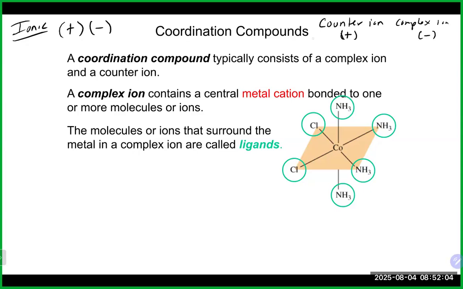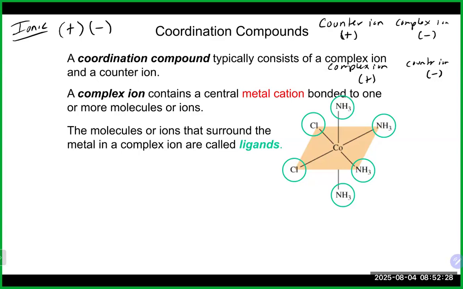Alternatively, you can have a complex ion that is positive and a counter ion that is negative. So you can really have one of each. The counter ion is just there to balance out the charge of the complex ion.